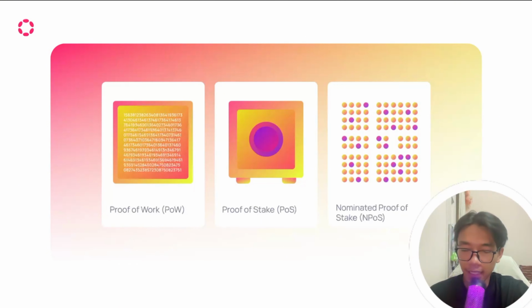For proof of stake, all the stakers participate in the network, but they have to stake a specific amount of money. For example, all the stakers in Ethereum have to stake 32 Ether to be a part of the network.